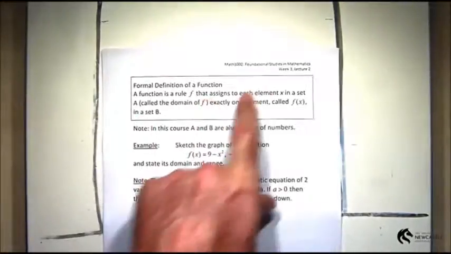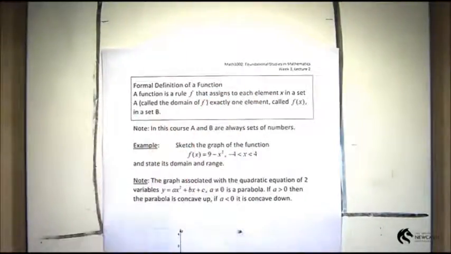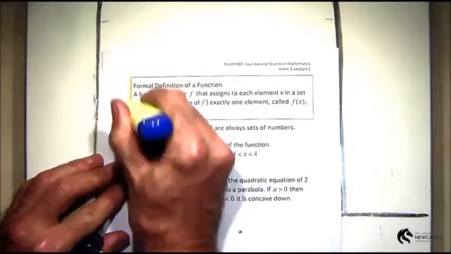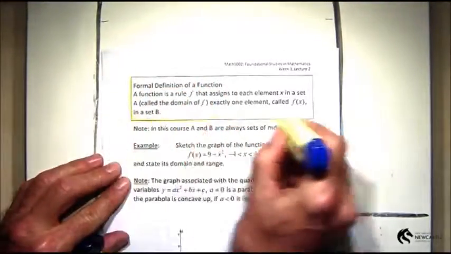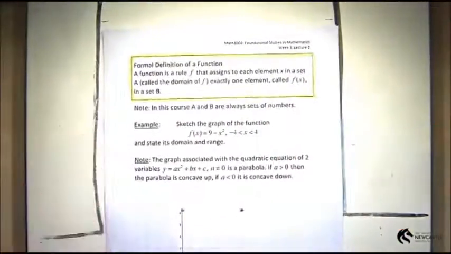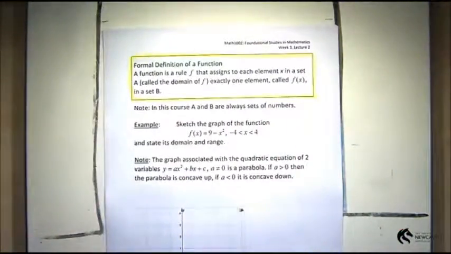And these sets here are sets of real numbers for us. As I say, in this course, A and B are sets of real numbers. So that's our formal definition of a function. And armed with that, we're now ready to do some serious stuff.